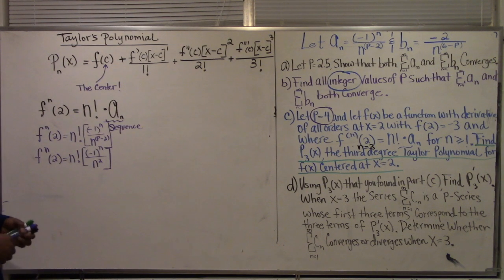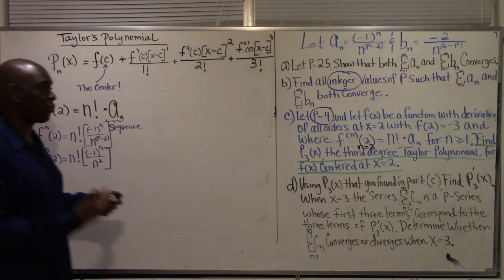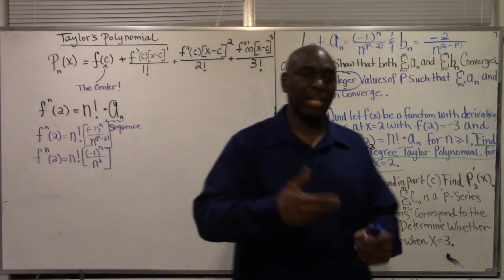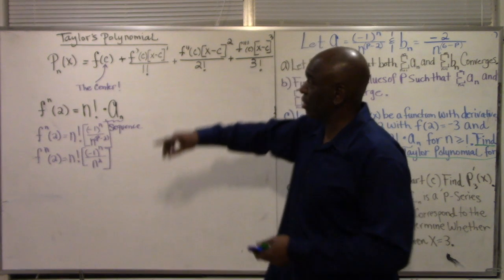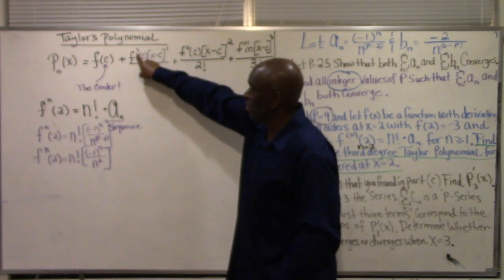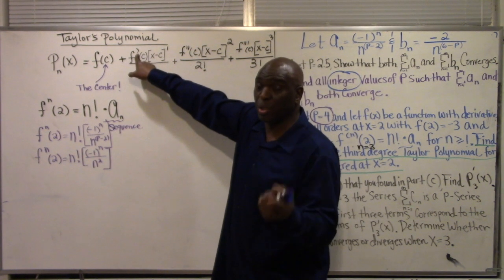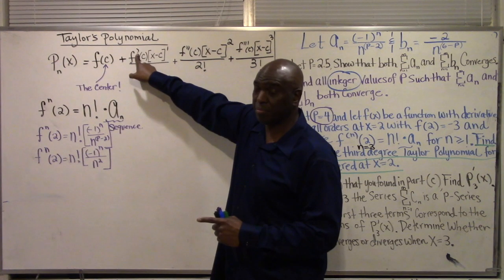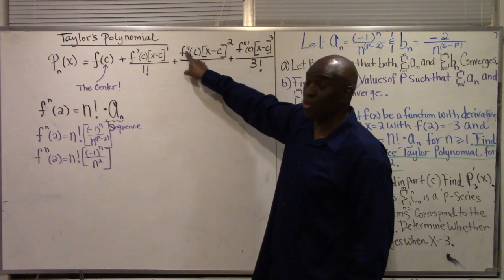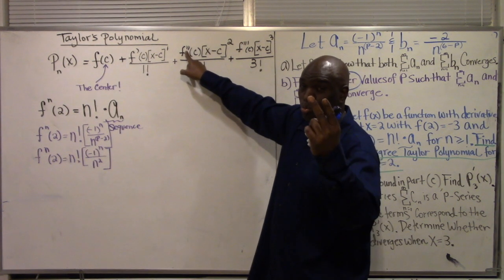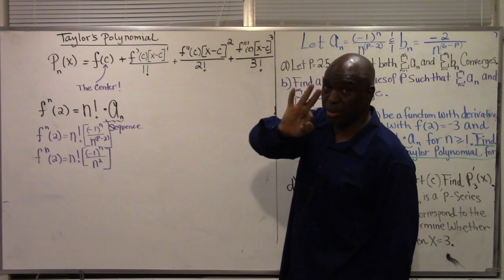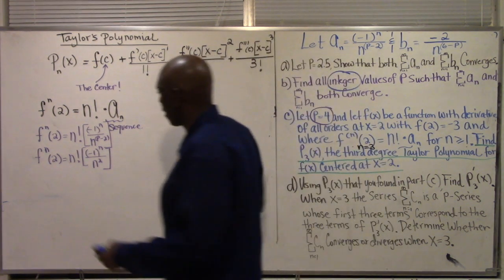And since we want a third degree polynomial, let's let n equal 1, 2, and 3. Because here's our n value. The first derivative, that means n equals 1. Second derivative, n equals 2. Third derivative, n equals 3. Okay.